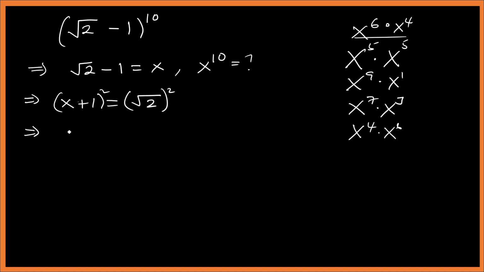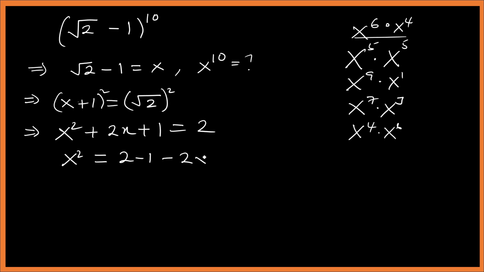So we have x squared plus 2x plus 1 equals 2. Let's find x squared here: x squared will be 1 minus 2x. So let's keep this.